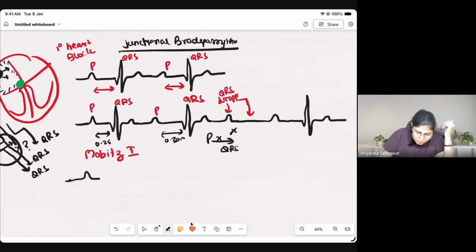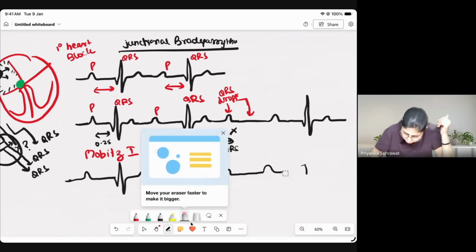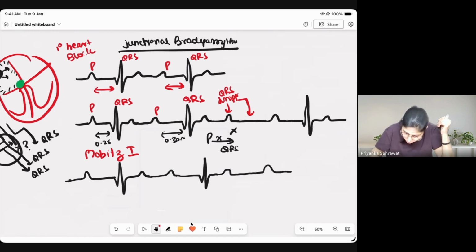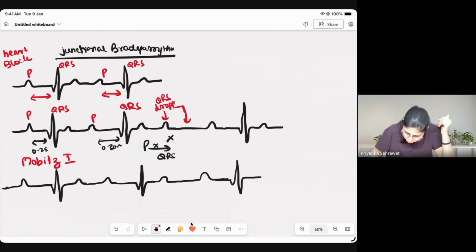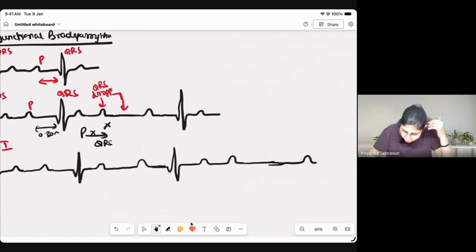So if this P wave leads to prolonged PR interval, QRS, T, then again a P, then prolonged PR, QRS, T, and then again a P, and supposedly there is again a prolonged PR interval, QRS, followed by a T and then a P. And this P, because of frequent prolongation or delay in the AV node, is not able to conduct and is followed by another P, QRS and T.